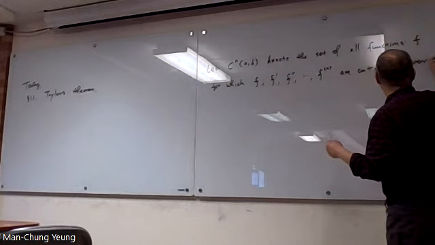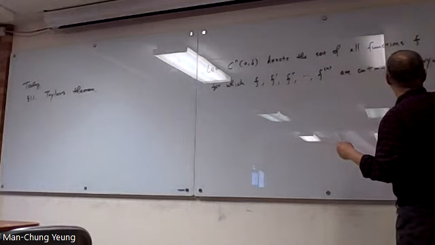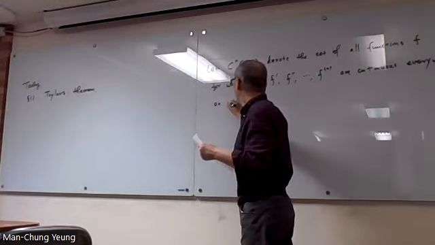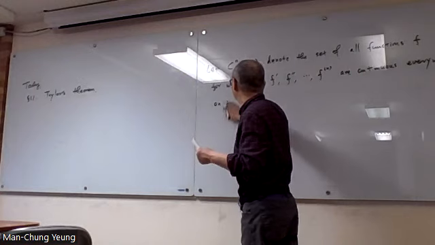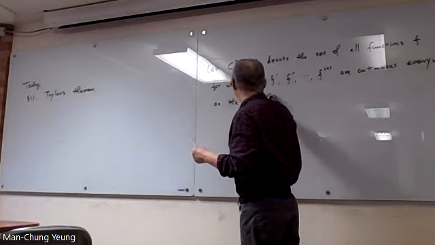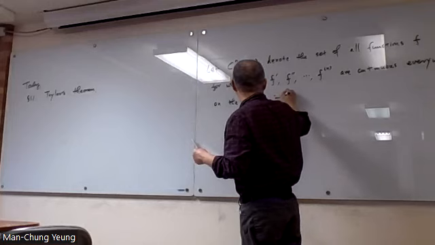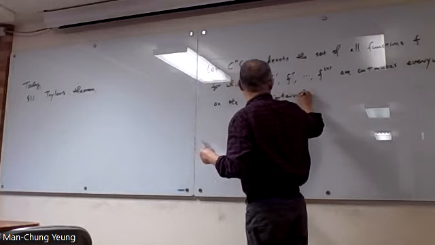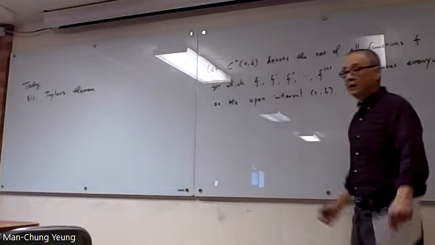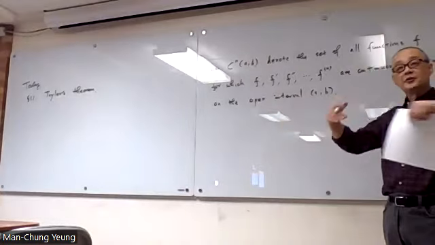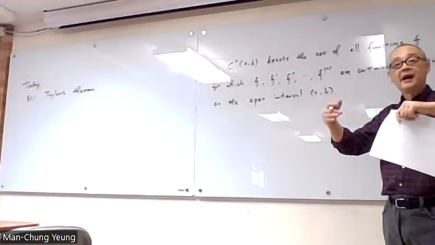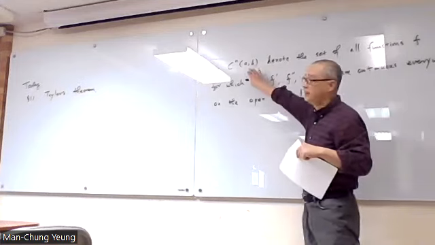Everywhere on the open interval (a,b). So putting all these functions together, we have a set, the set denoted by this notation.